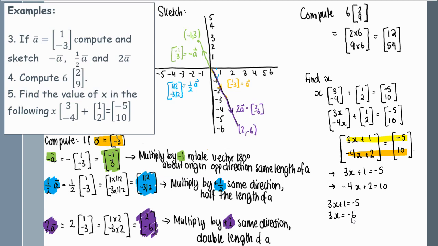If x is not the same number in both of these equations, this whole system of vectors cannot be solved for x, and it would have no solution. But luckily, when I solve both of these equations, I end up with x equals -2. That tells me the solution for x is indeed -2.